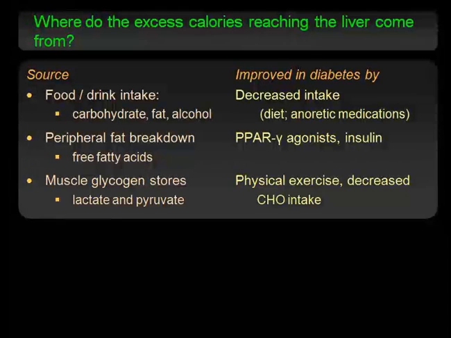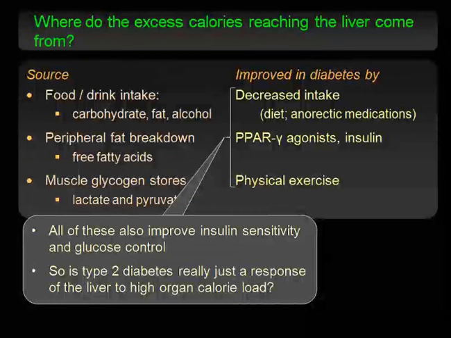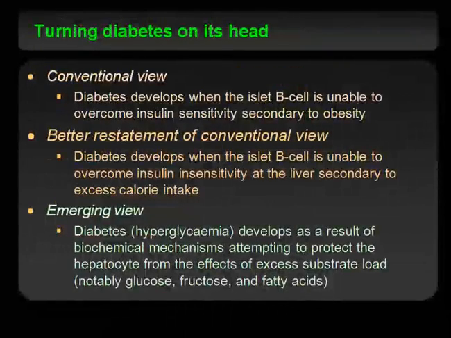So all this makes sense in terms of the known mechanisms we have, and all improve insulin sensitivity and lead us to ask then, is type 2 diabetes really just a response of the liver to high organ calorie load? So turning diabetes on its head, we have, as I've said earlier, the conventional view that diabetes develops when islet B cell function is unable to overcome the insulin sensitivity.